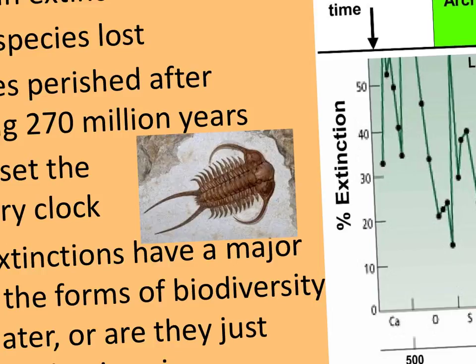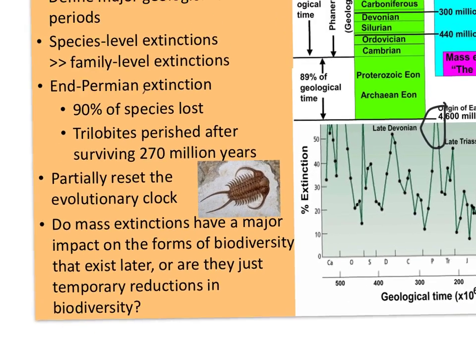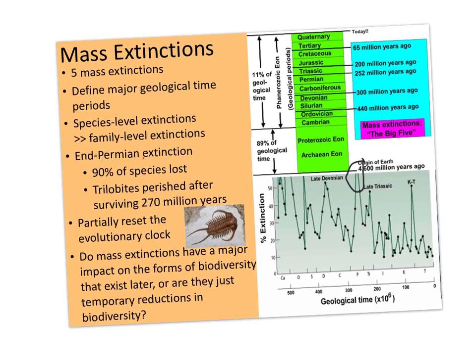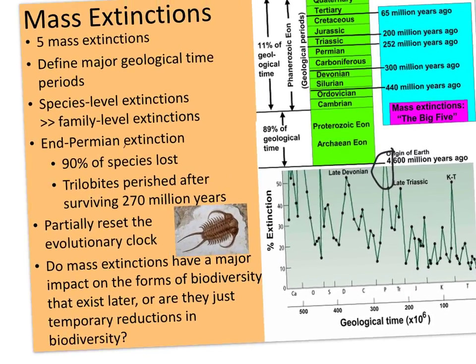So it wasn't that trilobites weren't as good as what came after. Unfortunately, the oceans became incredibly hypoxic, with very little oxygen, very acidic, and a lot of the extinctions happened in marine organisms.